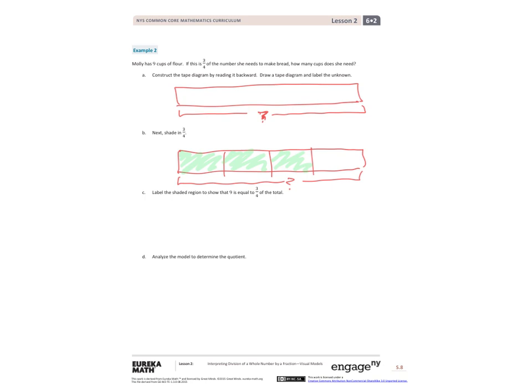They say label the shaded region to show that 9 is equal to 3/4 of the total. So I'm going to draw this again right here and chop up my pieces. I shaded in my 1, 2, 3, and they're saying just indicate that that total is 9, but this whole thing we don't know.